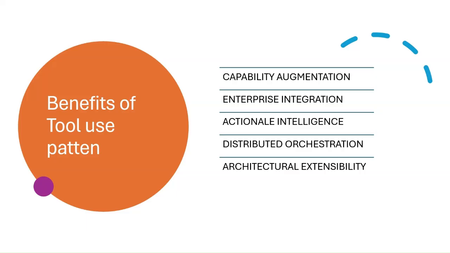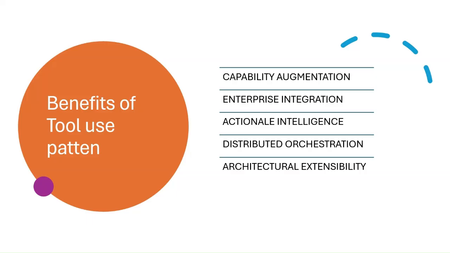Modern business processes often require coordination across multiple systems and services. The tool use pattern allows an agent to orchestrate these interactions intelligently. It can select the appropriate tools, manage dependencies, and combine the results from different sources to complete complex multiple step workflows efficiently. Finally, we have architectural extensibility.